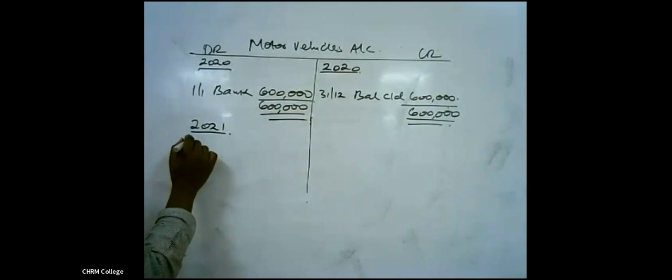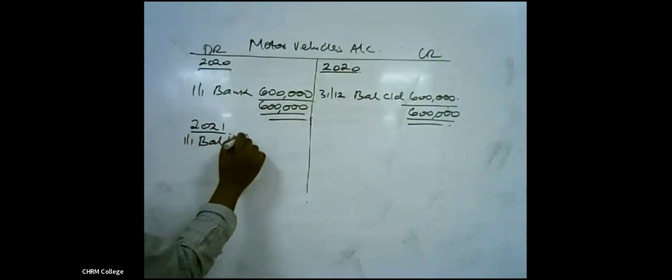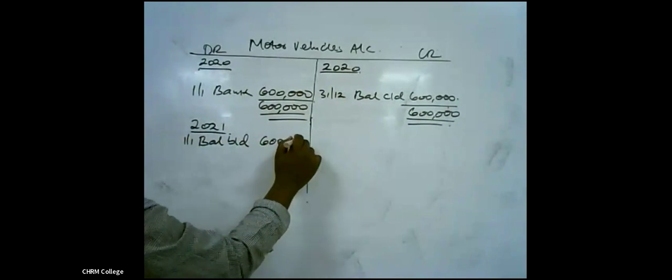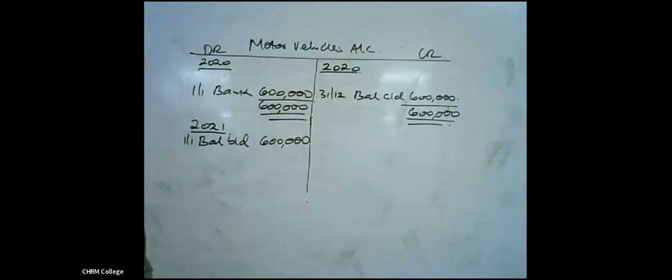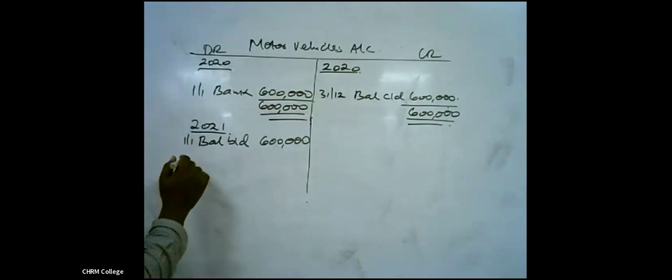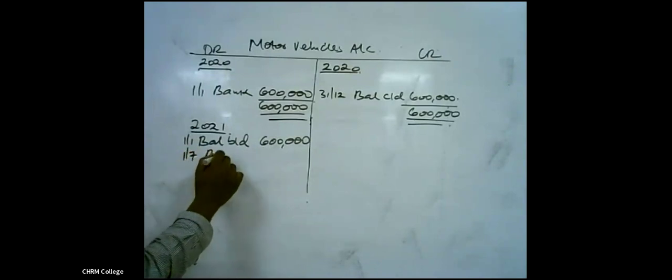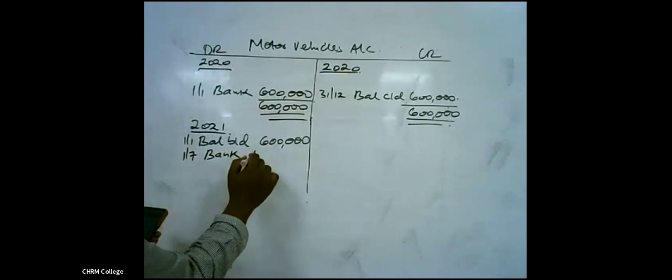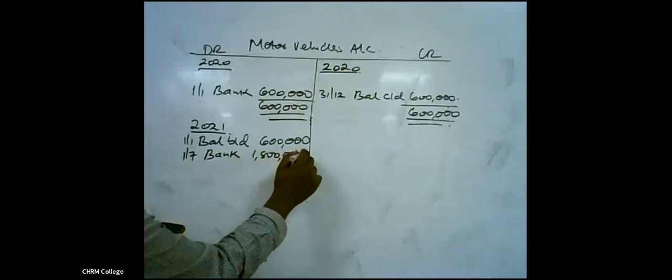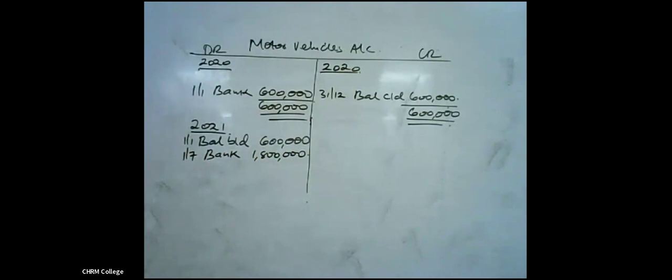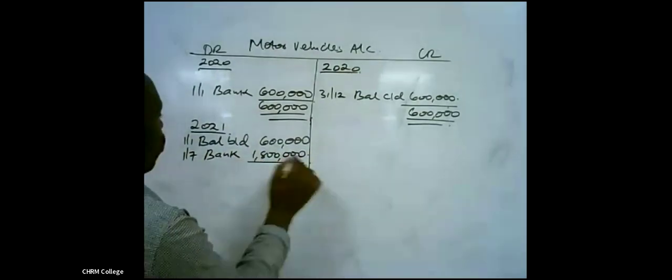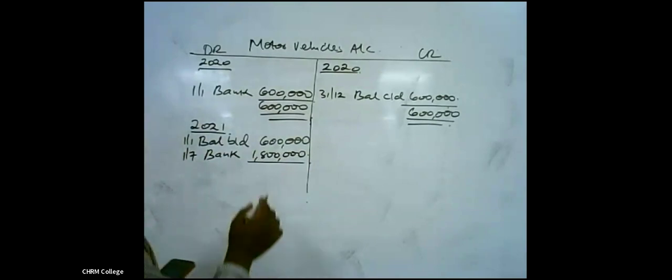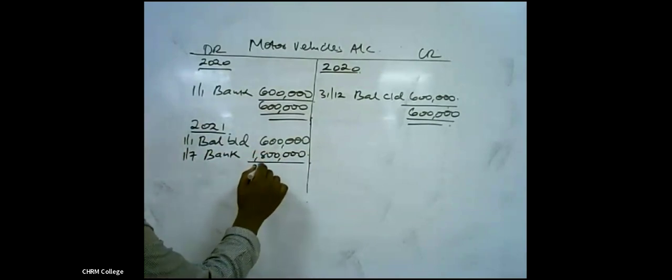In that next year, which is now 2021, there is another motor vehicle that was bought on 1st of July, worth 1.8 M, meaning that the total motor vehicles we ended up with that second year cost 2,400,000.